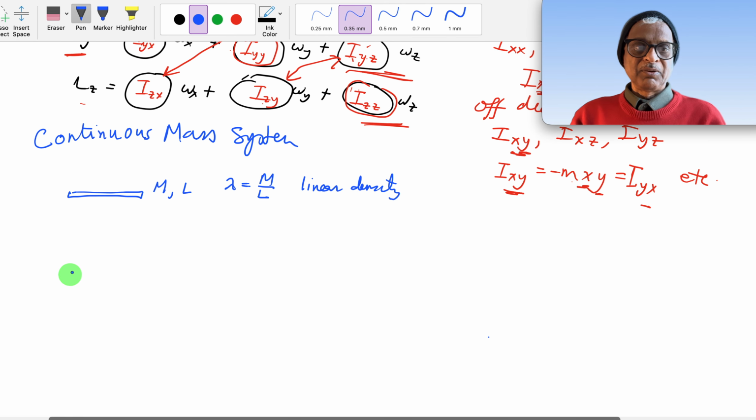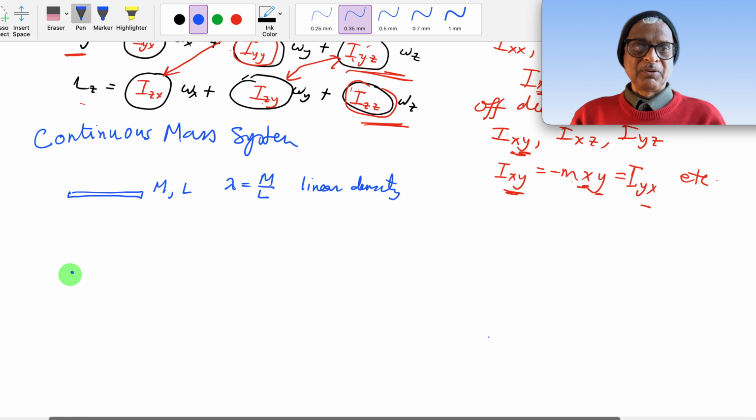And another way, continuous mass system. So say you have some rock or something, okay? Well, it will have some mass and some volume.